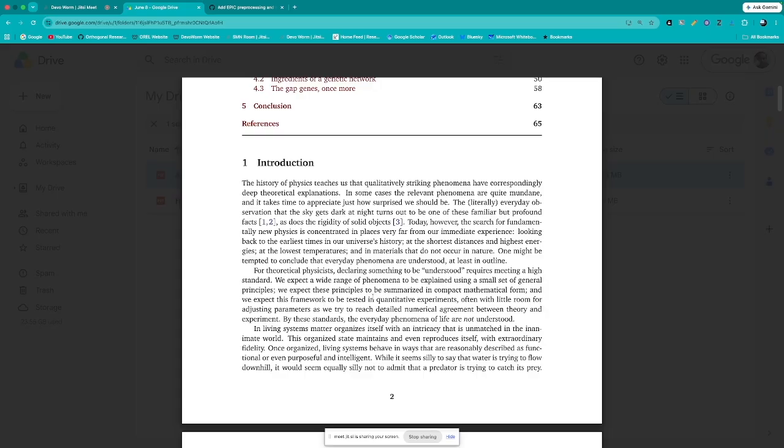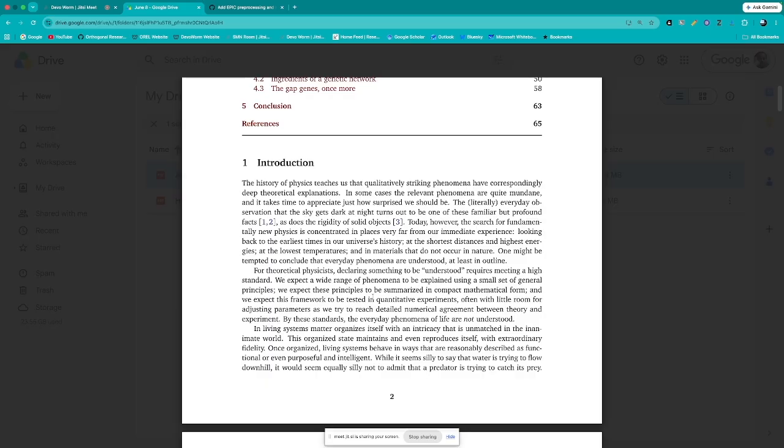Because we can predict things with equations, but those equations oftentimes sit in isolation, and we want to bridge that gap with theory. So in some cases, the relevant phenomena are quite mundane, and it takes time to appreciate just how surprised we should be. The everyday observation that the sky gets dark at night turns out to be one of these familiar but profound facts, as does the rigidity of solid objects.